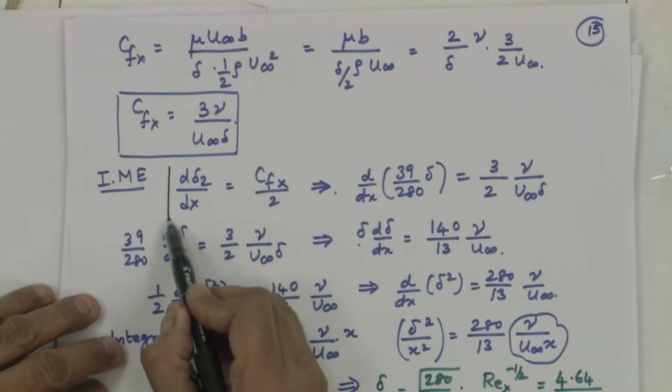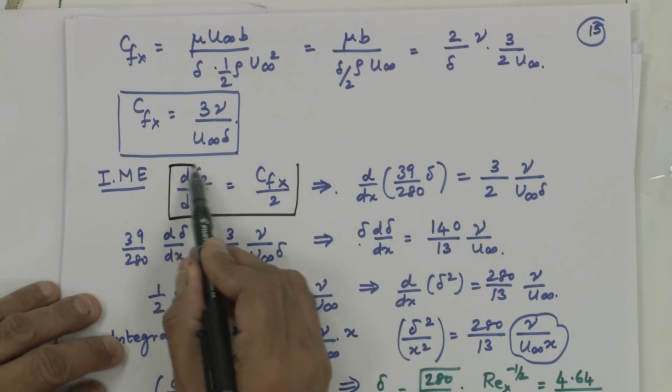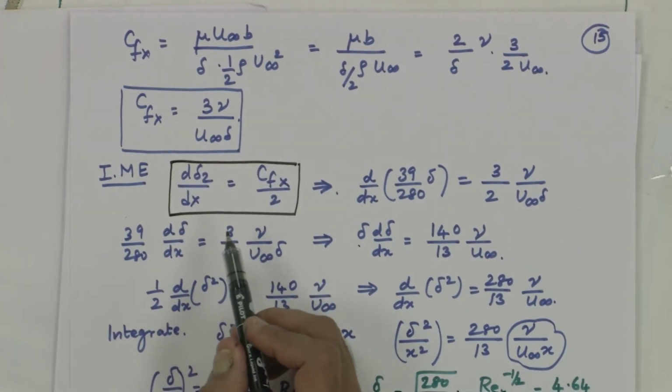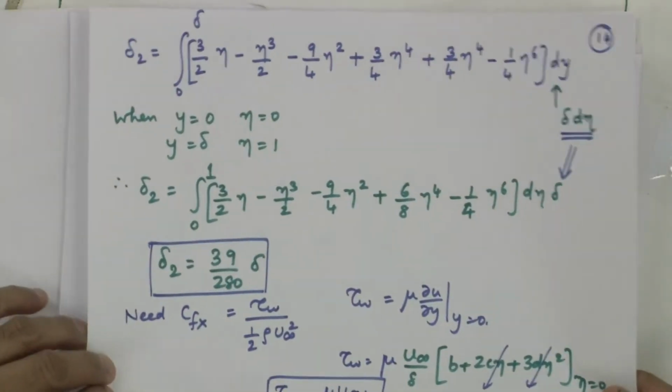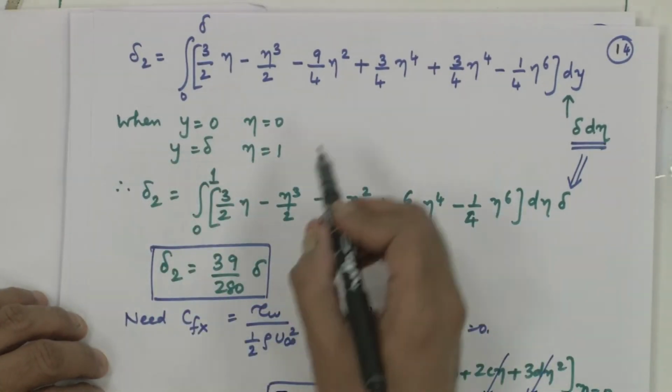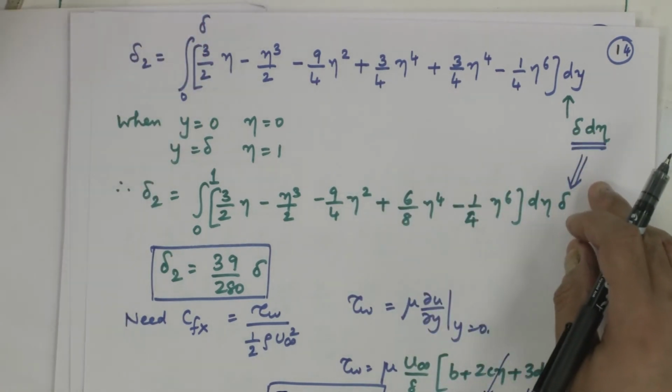When I went on to do the maths, my integrated momentum equation simplified to this form: d delta 2 by dx is equal to cfx by 2.